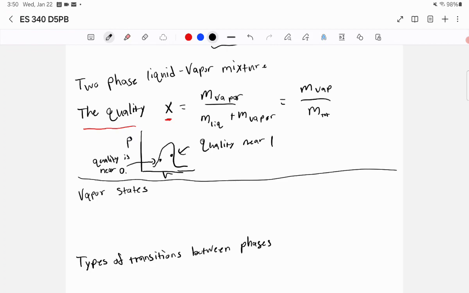So there are cases that we can have superheated vapor as well, just like the compressed liquid. In this case, we have scenarios like the temperature is greater than the saturation temperature.